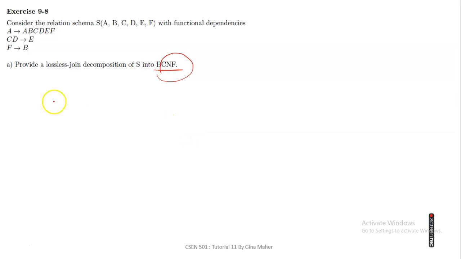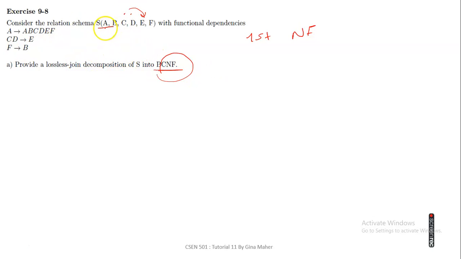Now A implies A, B, C, D, E, F, which means that A is the primary key. C, D implies E, so if we have C and D together, we can get E. F implies B. Since no attribute is multivalued, this one is in the first normal form. Let's check whether it is in the second or not.